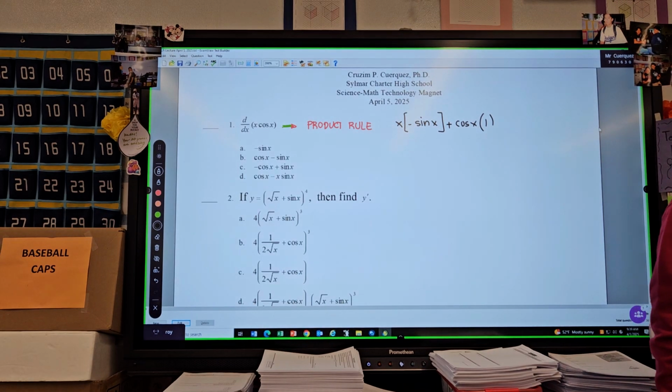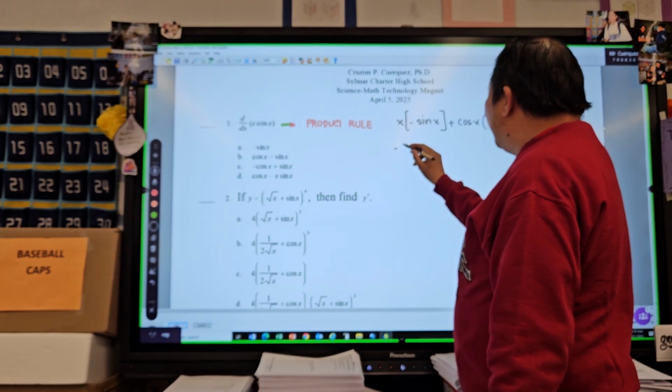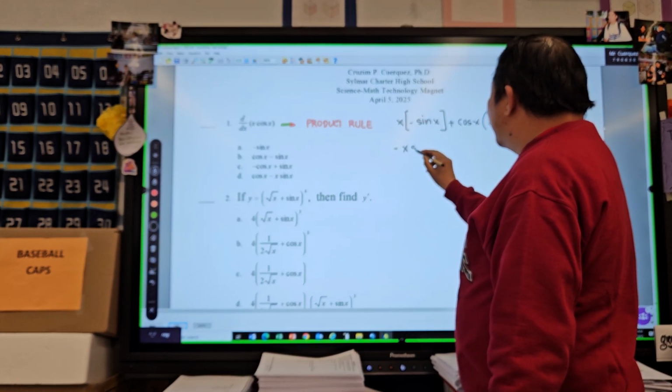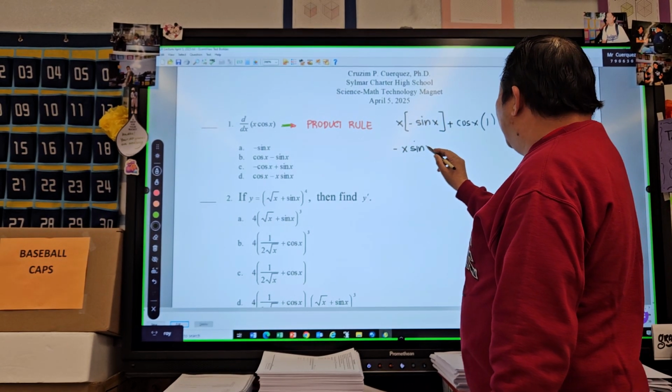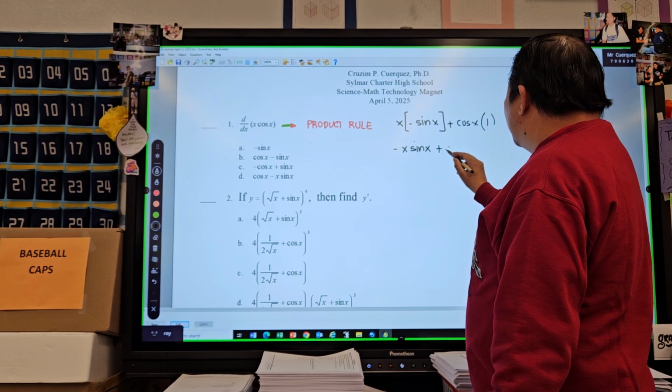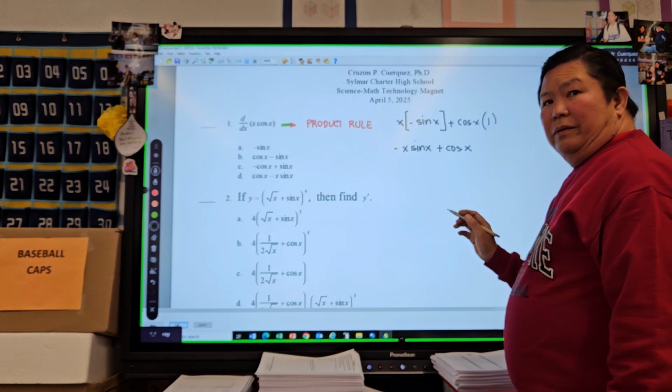Okay? So you're going to rewrite this as negative x sine x, or distribute, right? And then plus cosine x. And then you need to reorder this one.